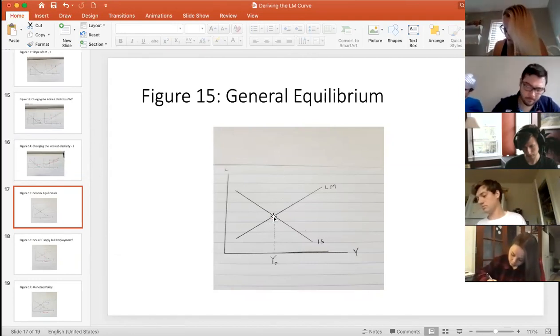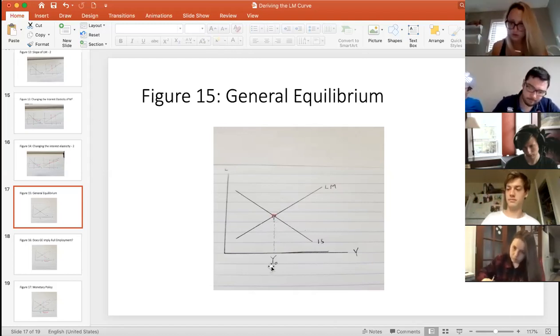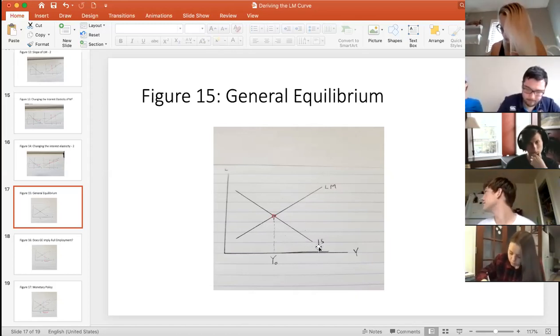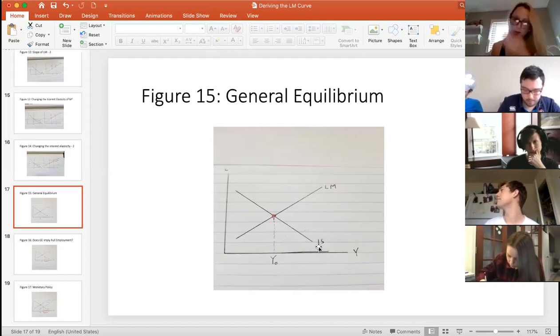We're here at this intersection point where IS and LM cross. Call this Y0. So we know that at Y0, the money market is in equilibrium and the product market is in equilibrium. They're both in equilibrium. That's good. What does this say about the labor market? Let me ask it differently.